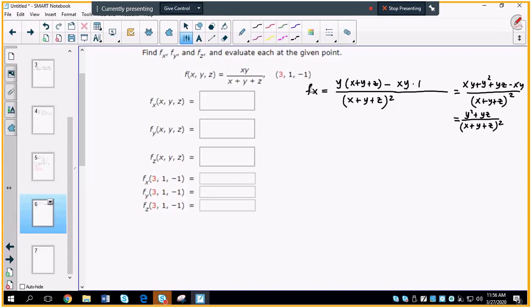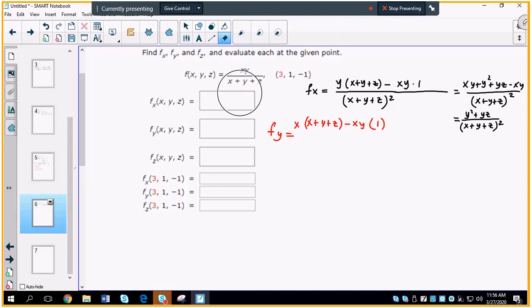So that's the derivative with respect to y. So the derivative of the top is x times the bottom, which is x plus y plus z, minus the top times the derivative of the bottom, which is still 1 because you are taking the derivative of only y now. And that means this is on top of x plus y plus z whole squared from the quotient rule.